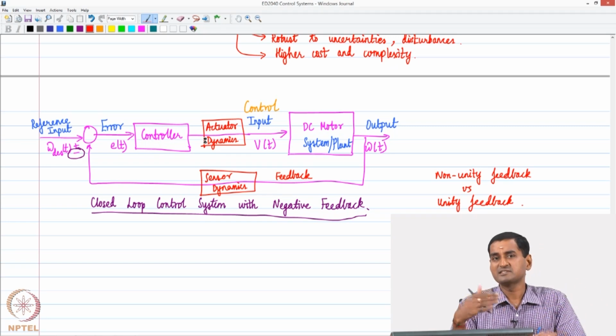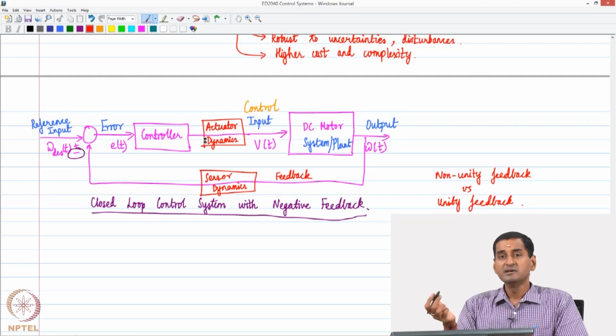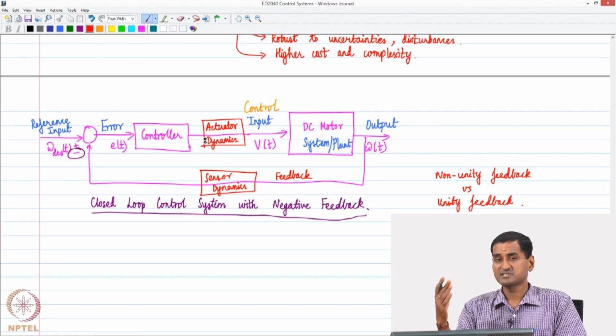Let us say simple translation of a workpiece in a machining system, right. So, let us say I want to regulate the position of the workpiece, right. I give a voltage signal to let us say an electric motor drive system which essentially provides translational motion to the workpiece, right.